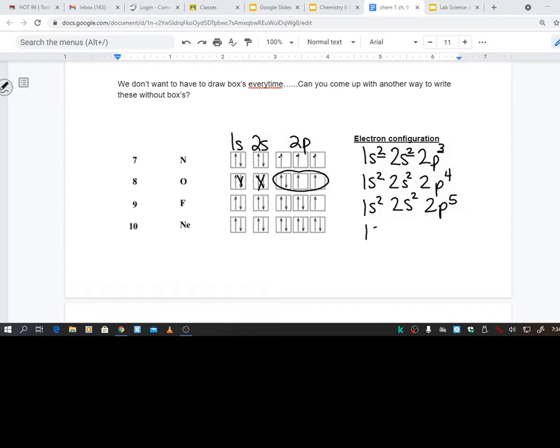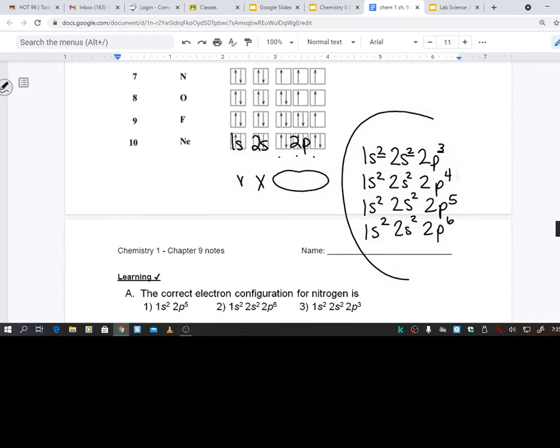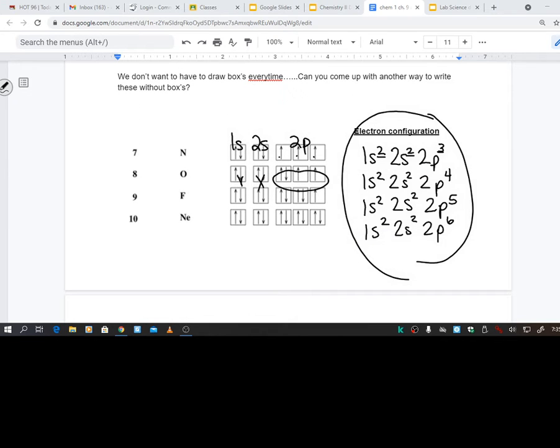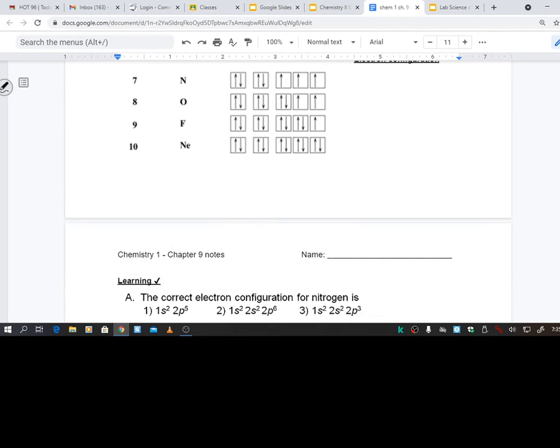And then neon, once again, you're just gaining an electron, so now it's 2p6. All right, so that's the electron configuration. This is what we're going to use a majority of the time. I'm still going to have some questions on the test for these box diagrams, but for the rest of this unit, we'll probably just mostly be doing the electron configurations.